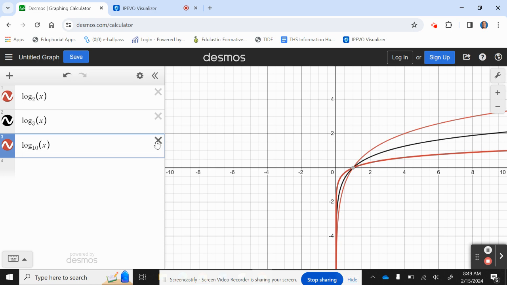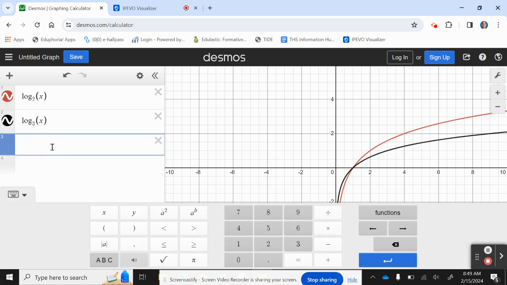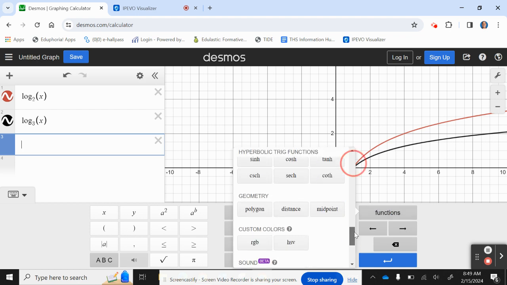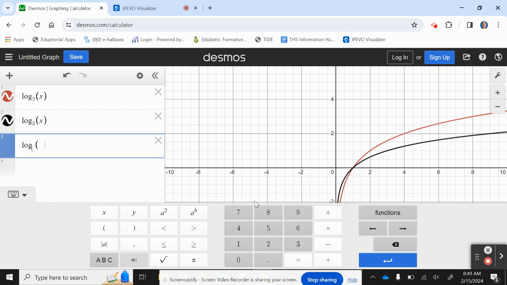Let me try that again, see if it graphs it in a different color. Doesn't help us if the line is in red. There we go. So let's graph that in blue. Now you'll see that one's below the first two.